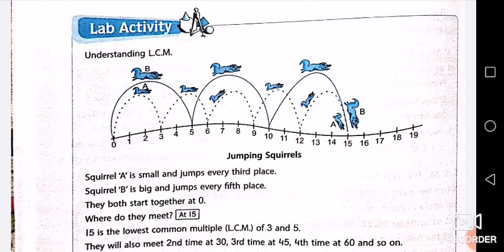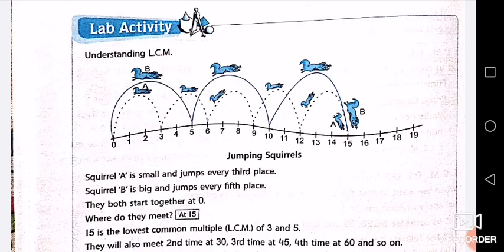Now here 2 squirrels have been given, and one squirrel, the smaller squirrel, jumps every third place and the bigger squirrel jumps every fifth place. Now when they both will meet, if they start together from 0, the smaller squirrel will jump 3 places.